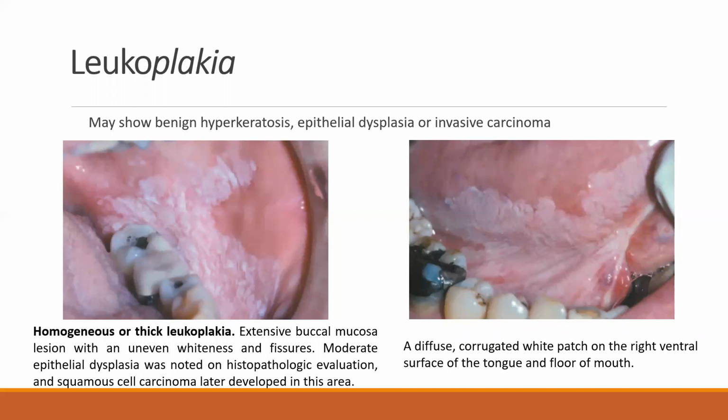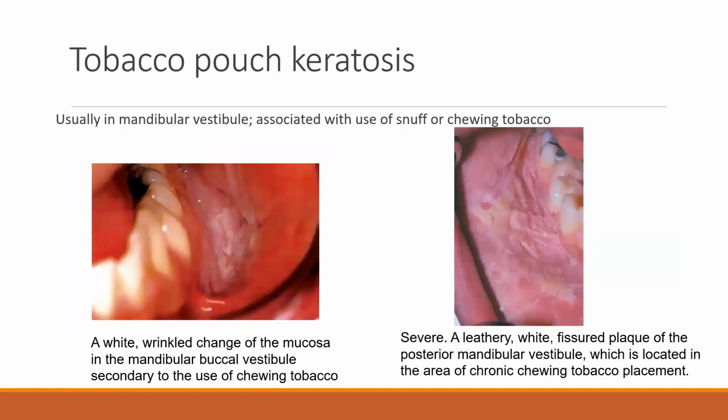If there is moderate to severe dysplasia, then the entire lesion needs to be removed. Either it can be surgery or laser. In any way, this lesion should be removed in total, or else there is a high chance that it will turn into malignant transformation.